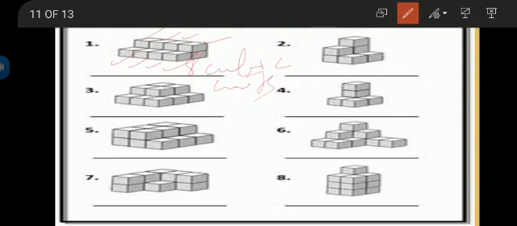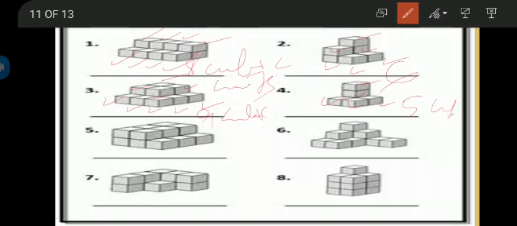And second thing here, second number you can see the volume: 1 2 3 4 5 6, 6 cubic units. Third number is 1 2 3 4 5 6 7 8 9, 9 cubic units. Here you can see 1 2 3 4 5, 5 cubic units.